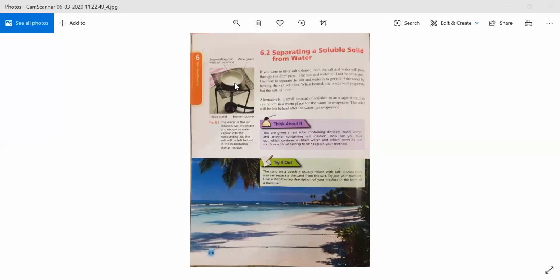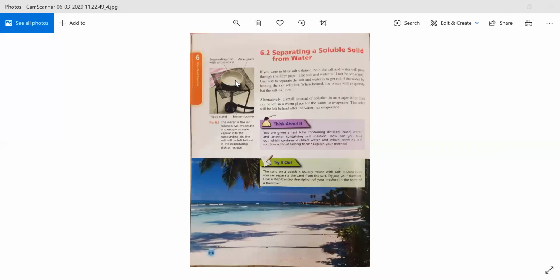Salt solution means water and salt are present in this solution. After boiling or evaporating, the salt will remain on the evaporating dish and the water will evaporate and disappear into the air.